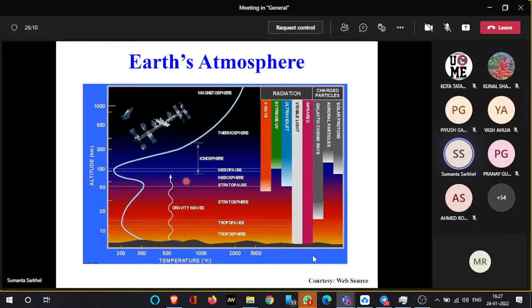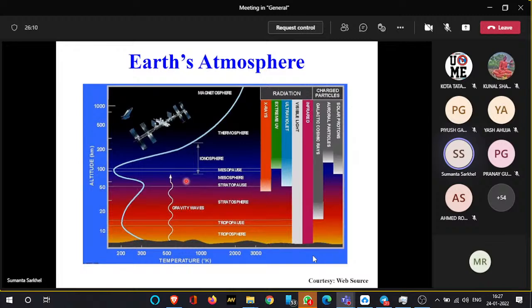This is probably not properly drawn here; X-rays actually don't reach much into the stratosphere. They are mostly confined to the thermospheric region. So both X-rays and extreme ultraviolet are getting absorbed in this region.